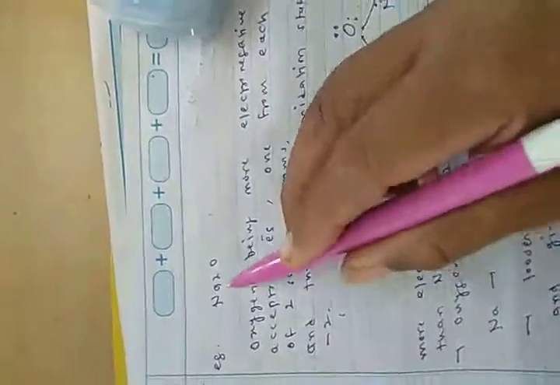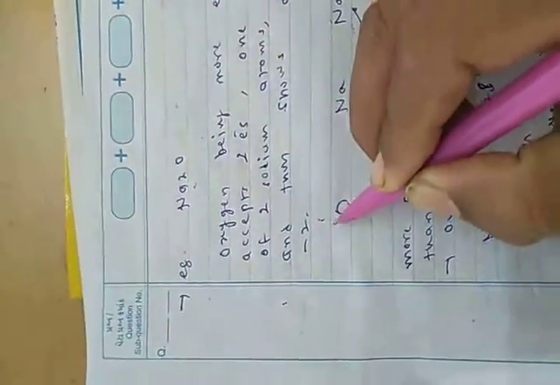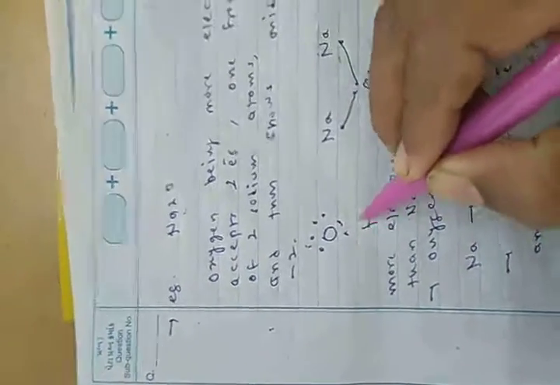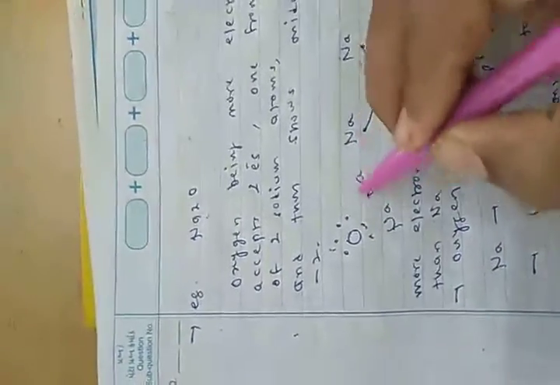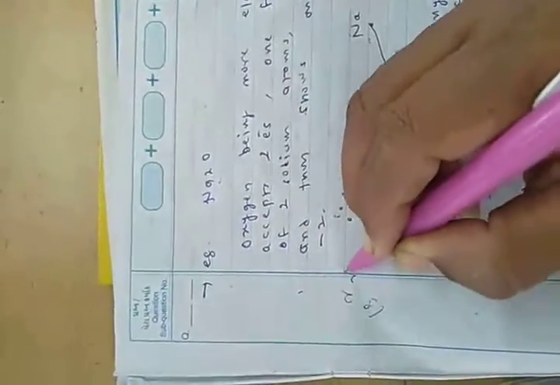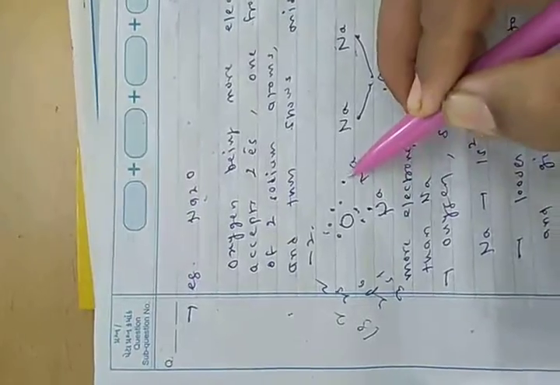Sodium 2 and oxygen 1, that is, sodium, oxygen and sodium. Now I am explaining again. Oxygen has 6, 1 pair you can show here. For sodium you have to show only one electron in the outermost orbit: 1s2 2s2 2p6, then 3s1 I am showing here.